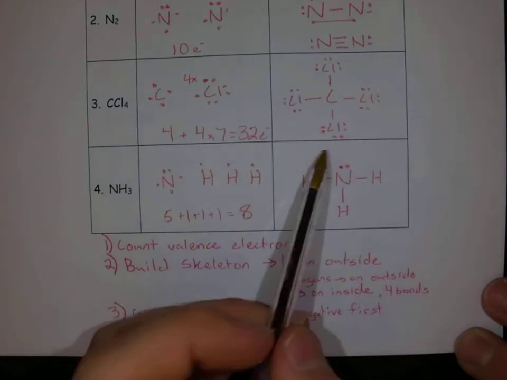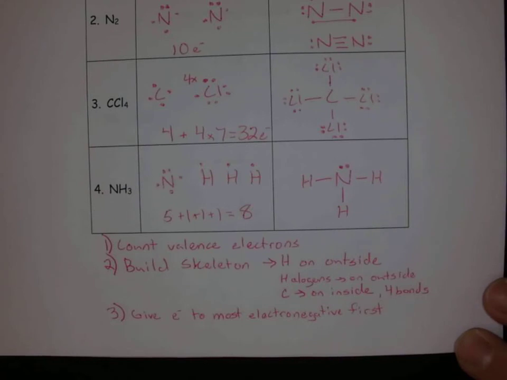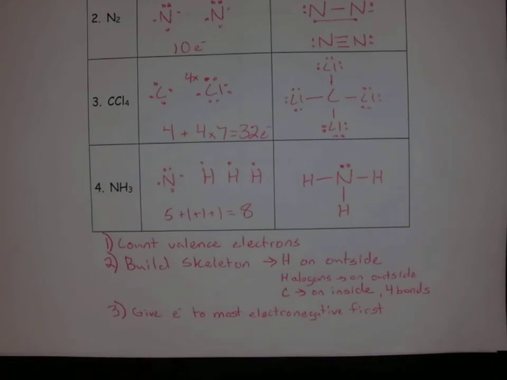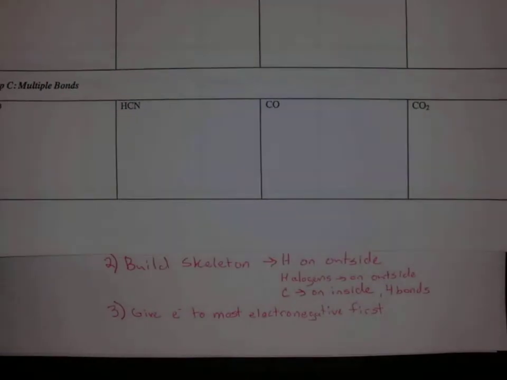So that gives me 8 electrons around chlorine, and this stabilizes our element. Once we give electrons to our most electronegative first, sometimes more complex things start to happen. So what we'll do is switch over to this packet here.